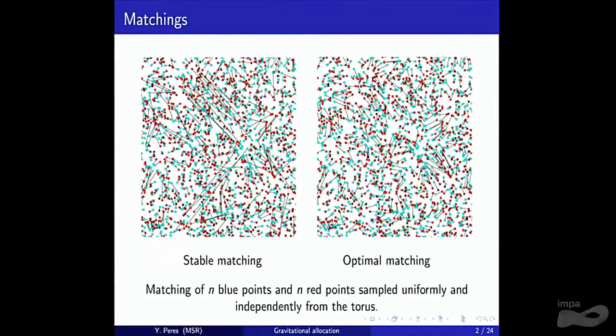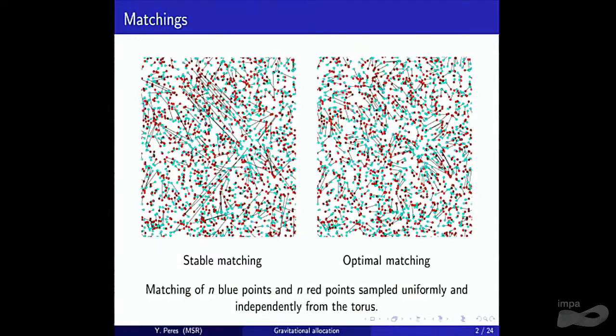And it turns out it's the same as if you think of each blue ordering the reds according to distance. So it prefers to be matched to the closest red. Each red orders the blues also according to distance and prefers to be matched to the closest blue. And then there is the notion of Gale-Shapley stable matching, for those who know it.